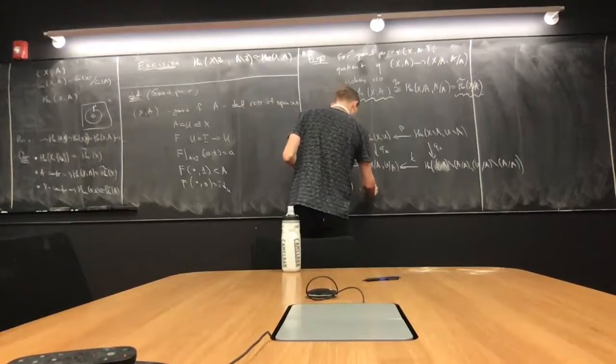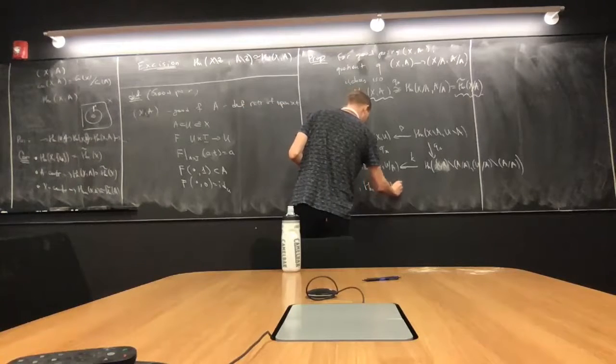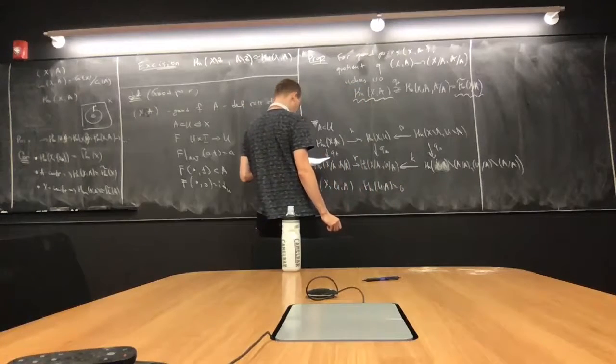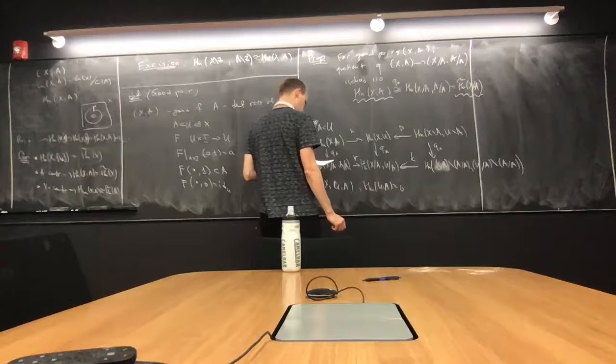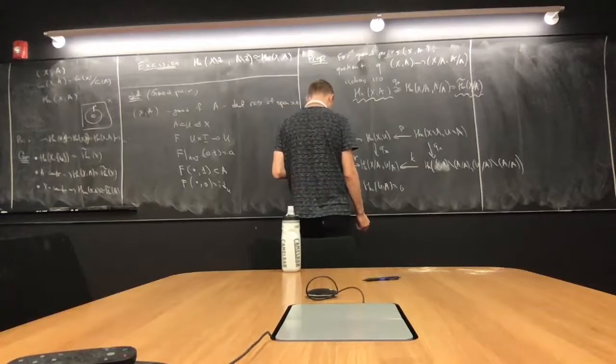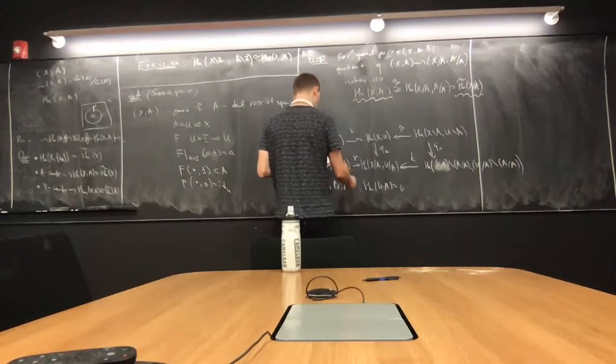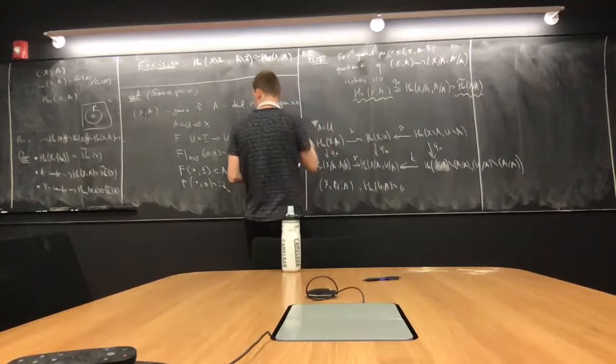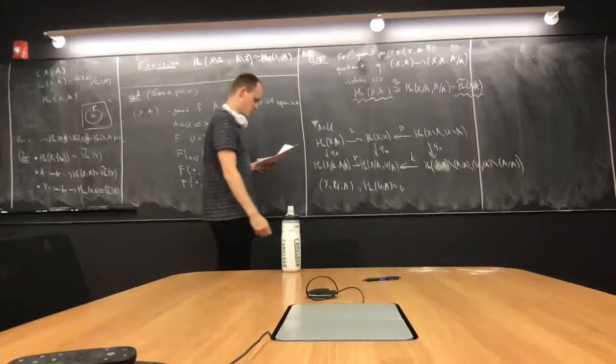So H_n of (U, A) are all 0. And this is the isomorphism from the long exact sequence.